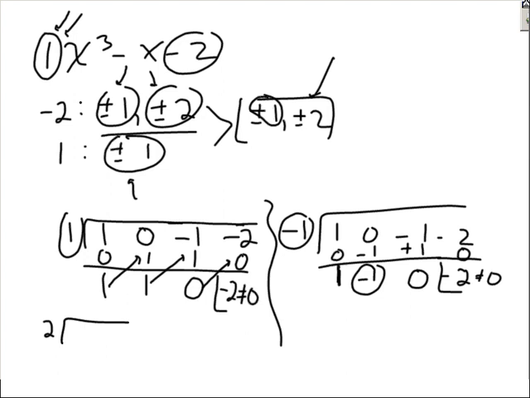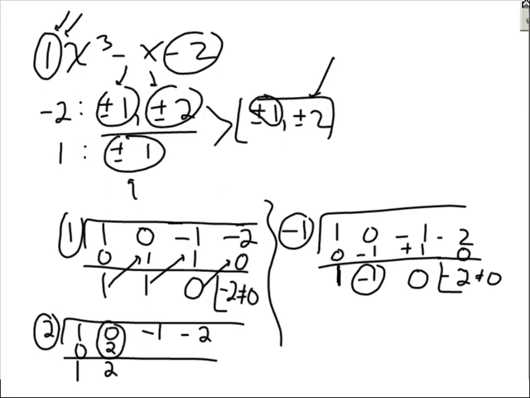Let's try 2. 1, 0, negative 1, negative 2. 1 plus 0 is 1, times the 2 in front is 2. Add, get 2. Multiply by 2, get 4. You add these, you get 3. You multiply by 2, you get 6, which is not 0. 2 is not a zero.